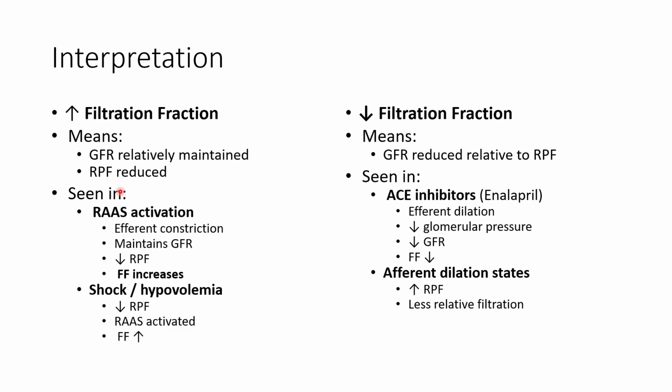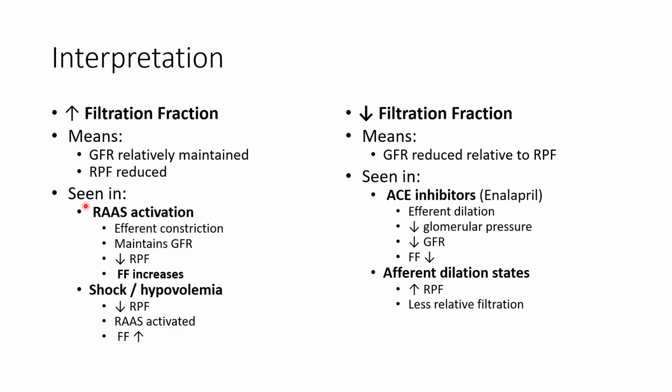If we say that the filtration fraction is increased, like I said, filtration fraction is GFR divided by RPF. That means either GFR is increased or RPF is reduced. It is seen in conditions like RAS activation, because RAS will cause constriction of the efferent arteriole, thus increasing the GFR. But it will also constrict the major artery supplying the kidney.